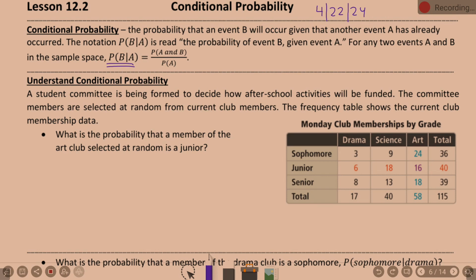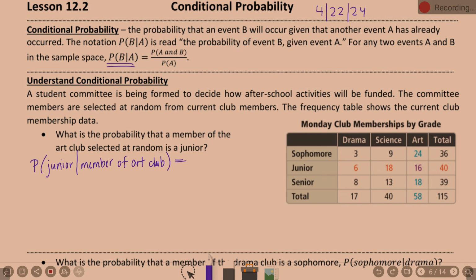So if I write this, I'm going to write it as the probability of junior slash, and then member of the art club. Okay? That's the problem we're trying to look at there. So what is the probability that the student is a junior, given they are a member of art club? Now, officially, if we look at this setup, what's that say we're going to do?